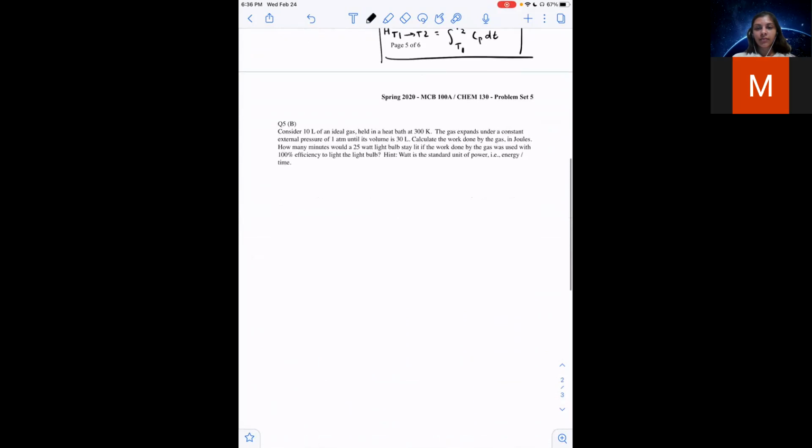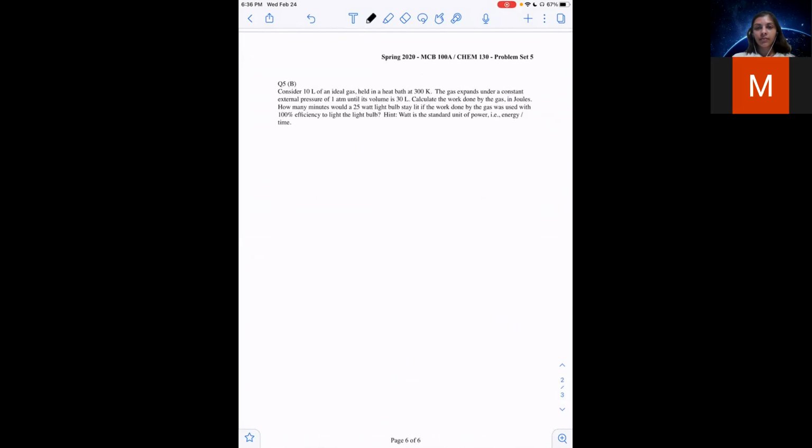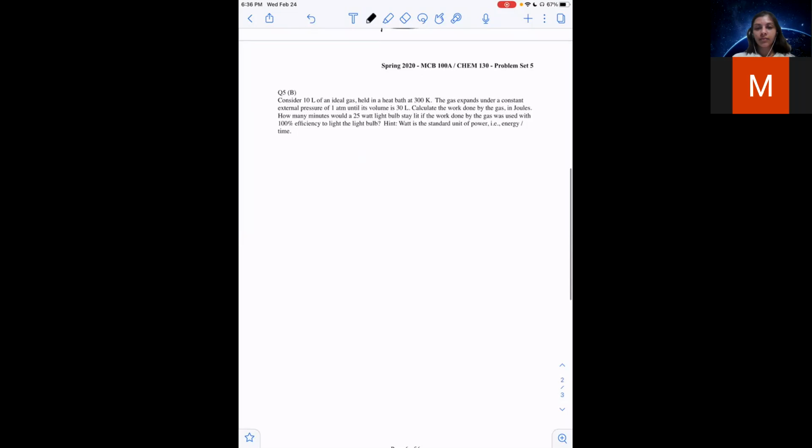All right, so part 5 finally asks us to do some calculation. Basically, part B asks us to do some calculation. We have a 10-liter ideal gas at 300 Kelvin, and it expands to 30 liters under 1 atm of pressure. And now we want to calculate the work, so I'll do that first.